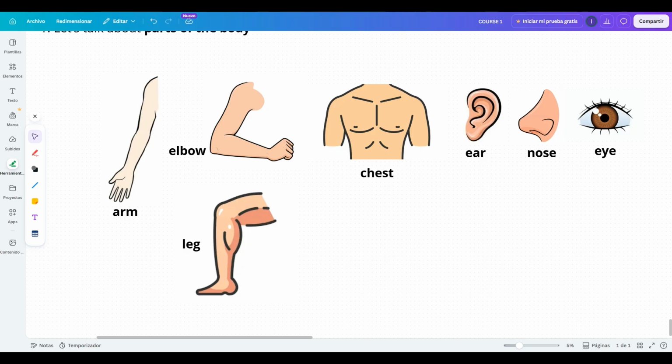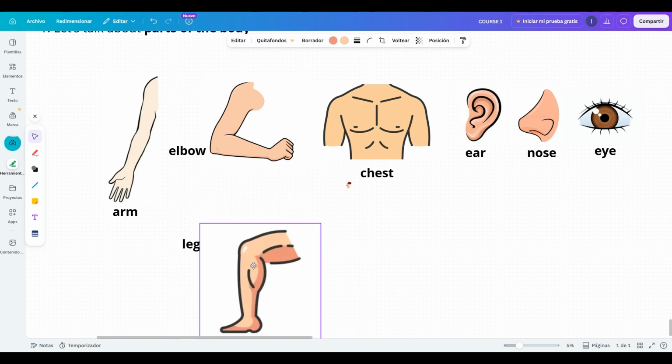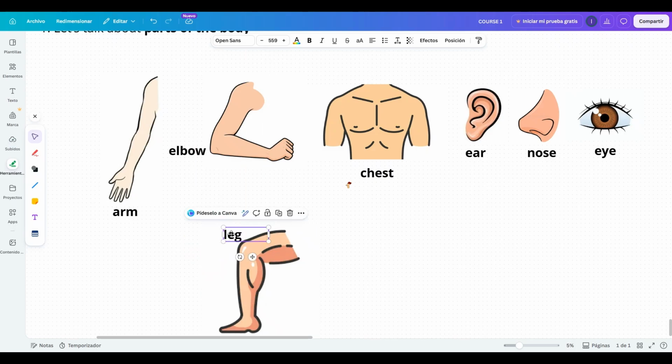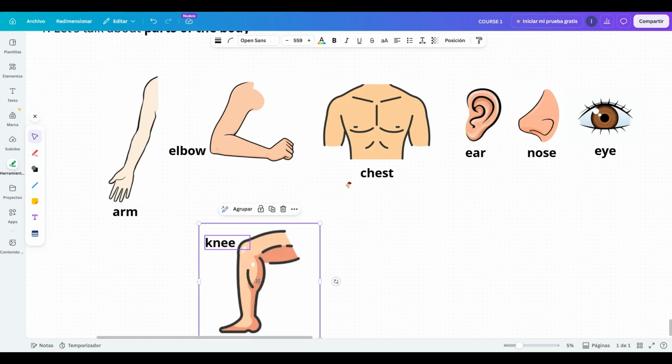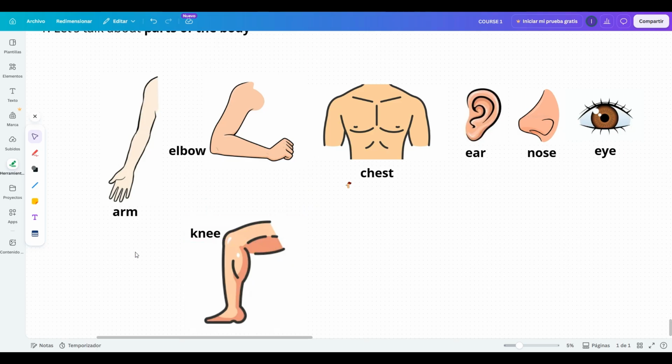Next, please. This is a knee. Or maybe we can write that this part here, right? This is a knee. This part is a knee. This is a specific part. No? This specific part is a knee. Okay, a knee. Next one.